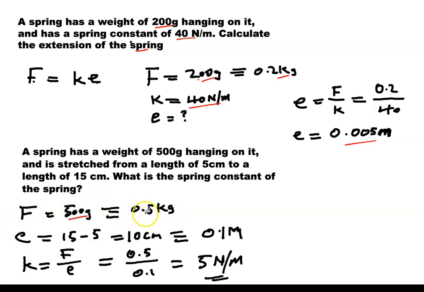That is equivalent to 0.5 kg. And E, the extension, is 15 minus 5, because we were told that when the force was applied, the spring stretched from the original 5 centimeters to a final length of 15 centimeters.